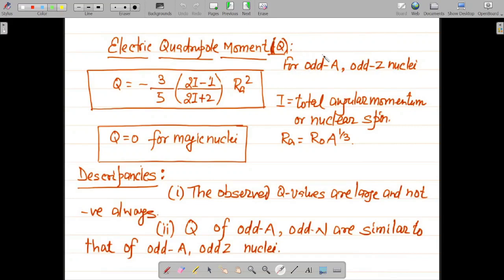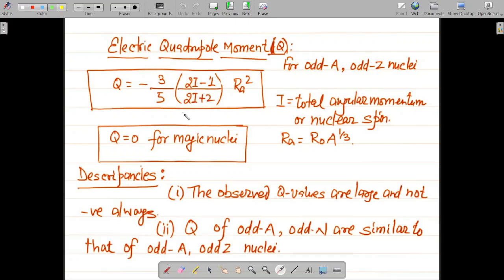Now this is for odd atomic mass number A and odd atomic number Z. This expression in the box has been derived with the help of the assumption that the atomic mass number A is odd and the atomic number, that is the number of protons, is also odd. Based on this assumption, this expression has been derived.